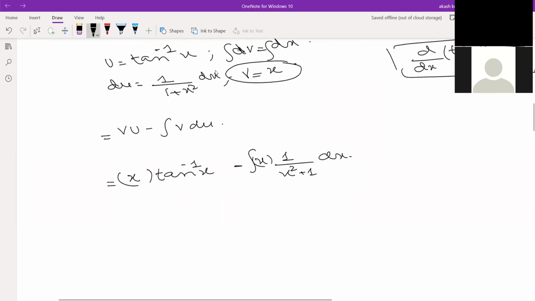But the question was that we have to evaluate the function tan inverse x from 0 to 1.